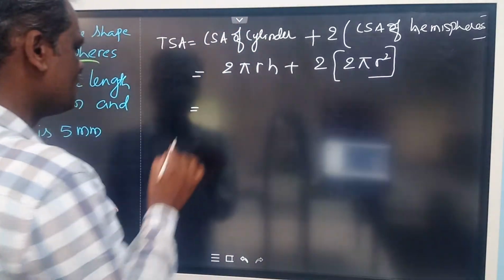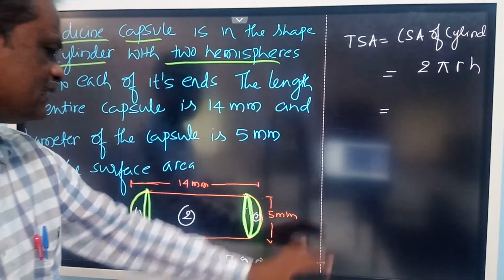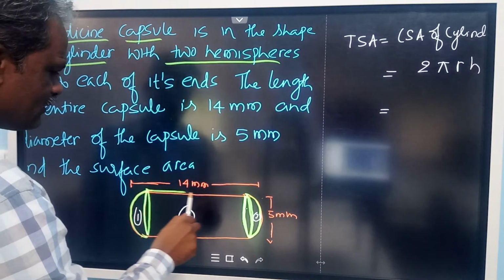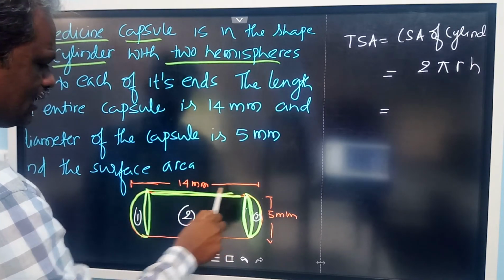Now you can substitute the values that you know. We have to find out the height of the cylindrical portion.